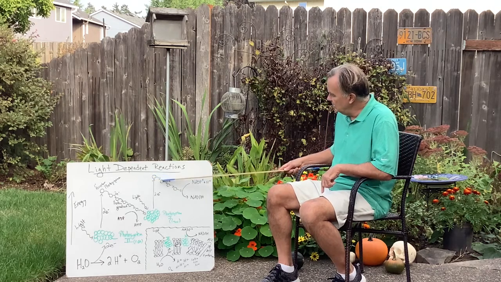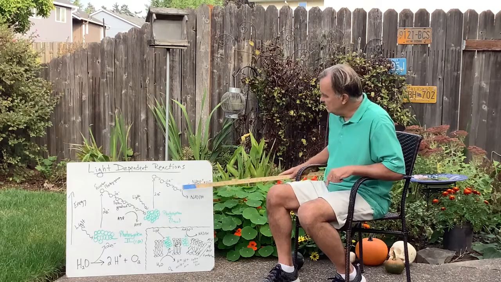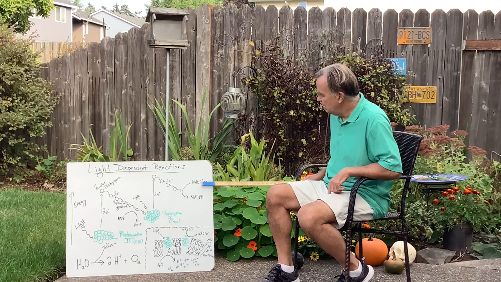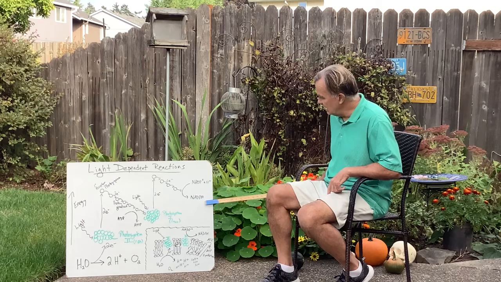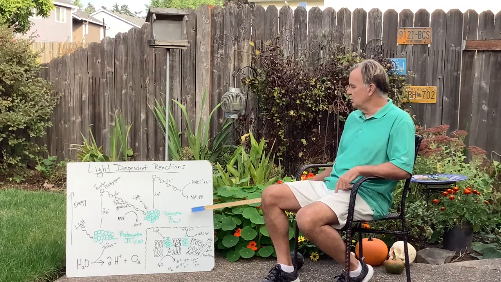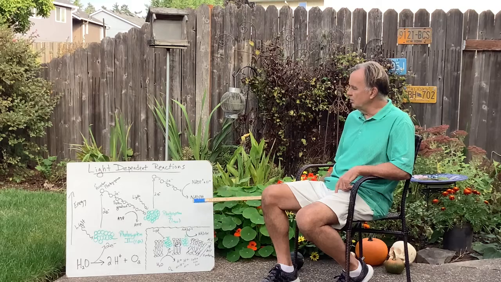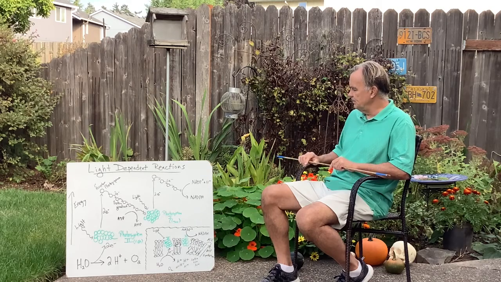As they fall down, the last thing this electron does is contribute electrons to NADP plus a hydrogen ion, and you make NADPH. That is a reduced coenzyme, so that's where the energy is. You're going to use this as an energy source, and ATP as an energy source, to make glucose in the light-independent reactions.